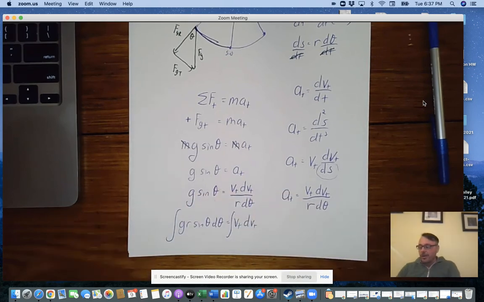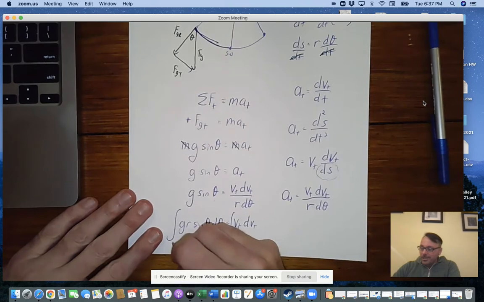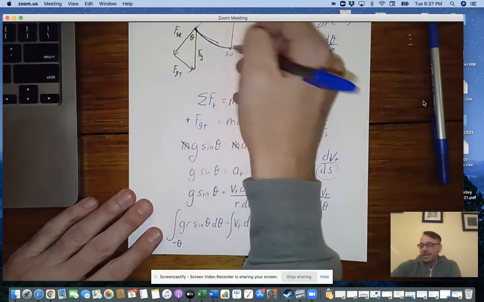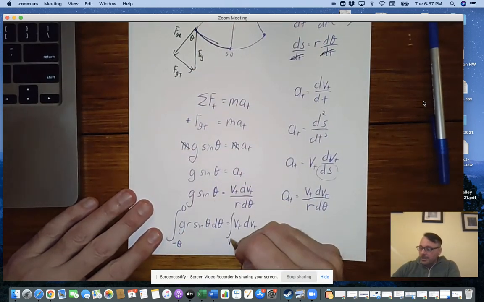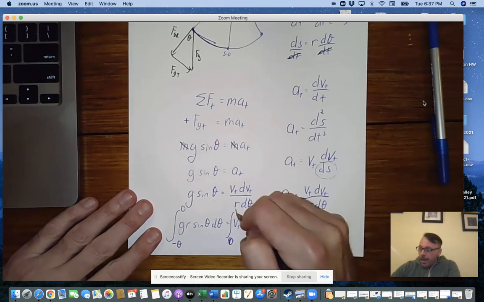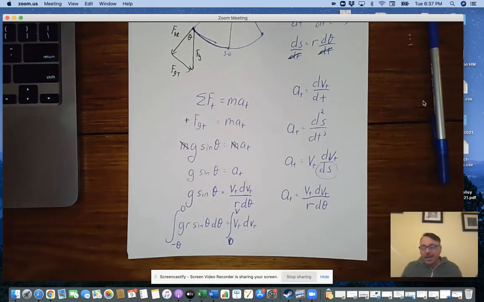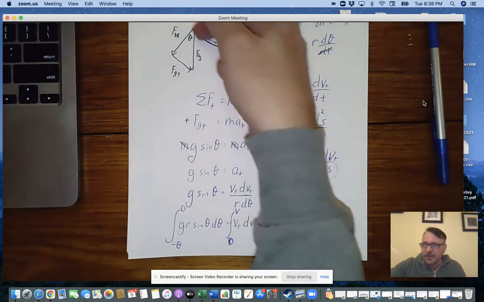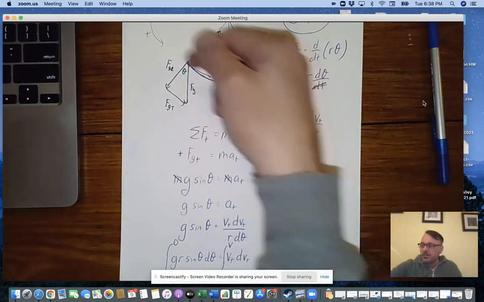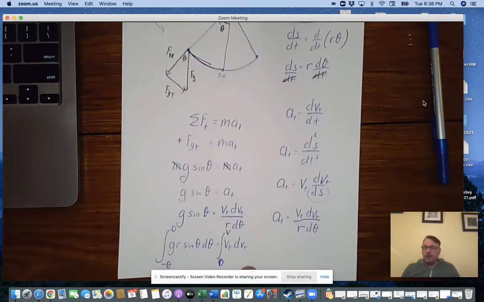So what am I going to integrate from? Well, my initial position is negative theta, and maybe I'm trying to get down here to the bottom. My initial velocity would be maybe 0, and then I'm trying to go to v. And then I can solve that problem, right? And from here, it's just fairly trivial math. But that's a gross thing for figuring out the speed of this thing along this arc.